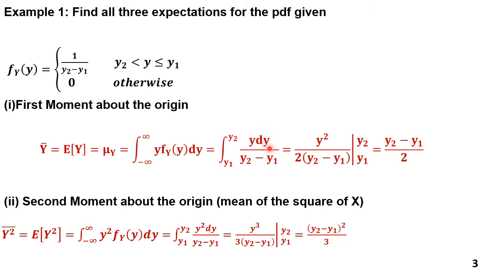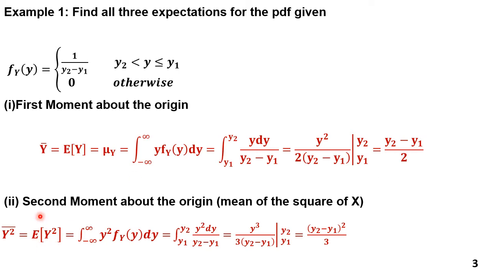We are going to integrate with respect to y. This gives us y square by 2 times y2 minus y1. We have integrated between the limits y1 to y2. Let us substitute here. It is y2 minus y1 whole square divided by 2 times y2 minus y1. So you will be getting it as y2 minus y1 by 2.